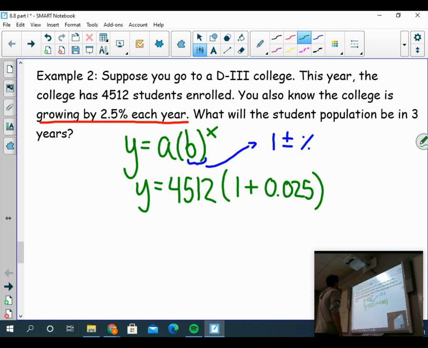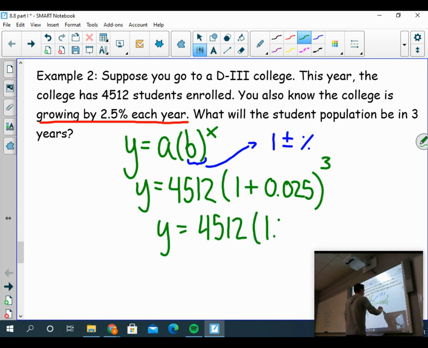And so what do we see happening here? Well, we are increasing by 2.5% per year, and that happens for 3 years. So if we grow by 2.5% over the course of a year, that happens 3 times, our exponent will be 3.